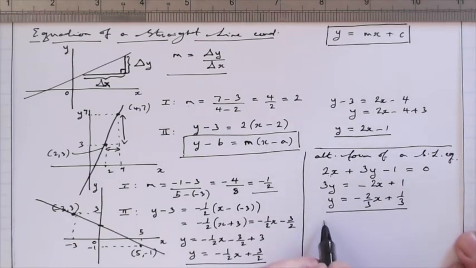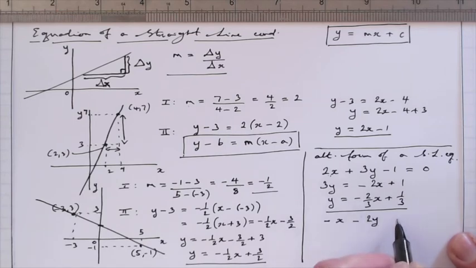Let's just do another example. Let's say we had negative x take away 2y equals 4. You might have something like that. So in this case, I would probably be inclined to just, again, take x over to the other side, and I would have negative 2y is x plus 4.